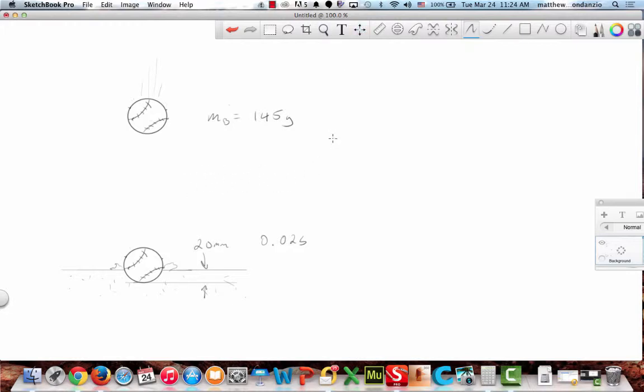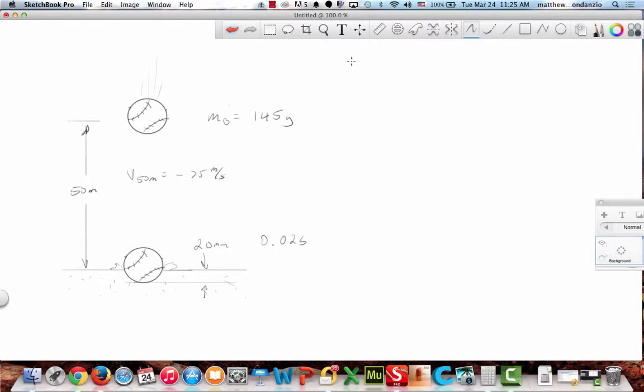Let's see, at 50 meters, the velocity is negative 75 meters per second.